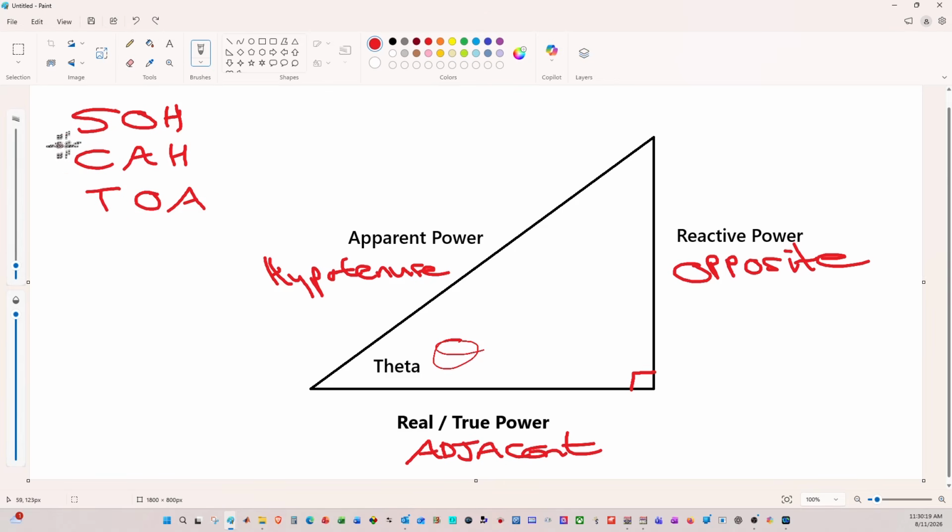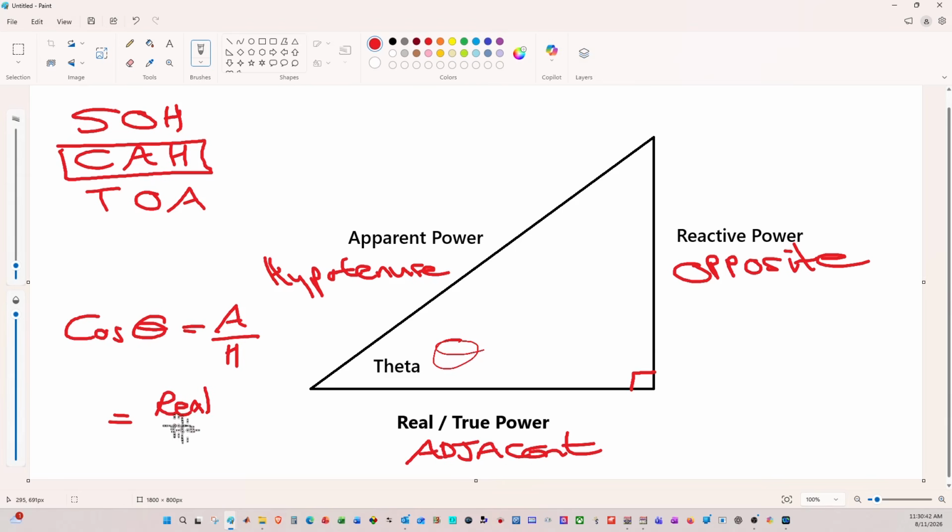So I'm going to use this formula over here to determine my angle theta. We know that the cosine of theta is going to be the adjacent over the hypotenuse, and in our case that is going to be the real power divided by the apparent power. All that you need to do is to take that formula a little bit further, which I will do on the next page.